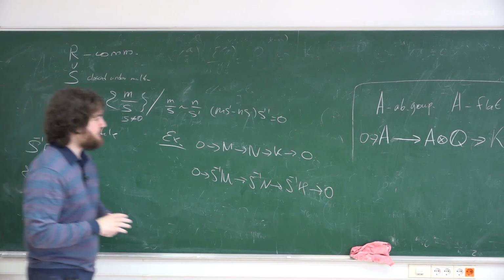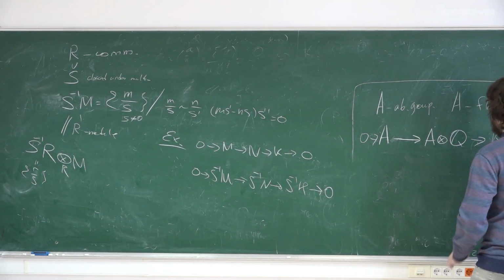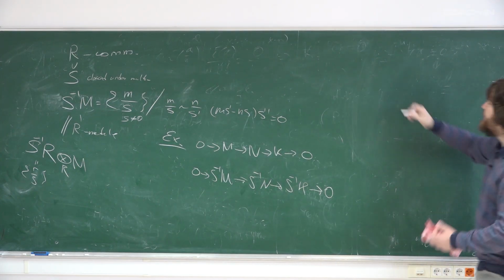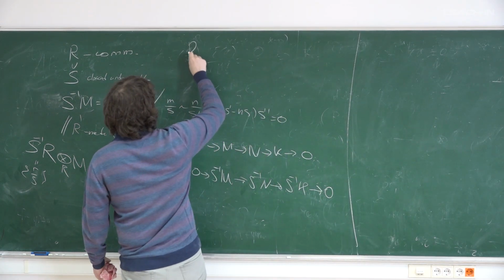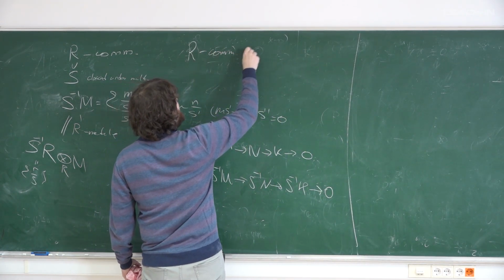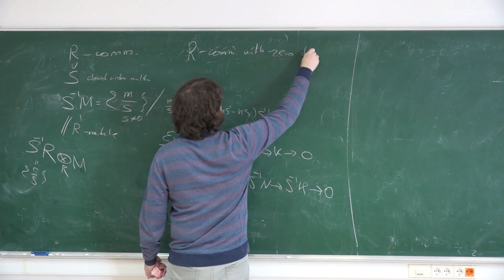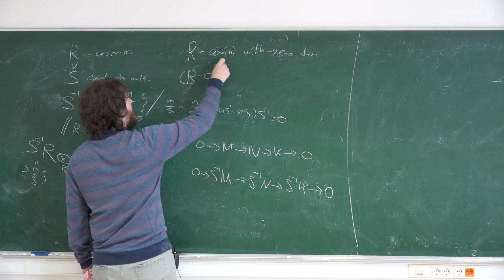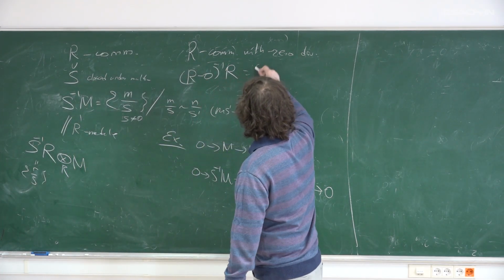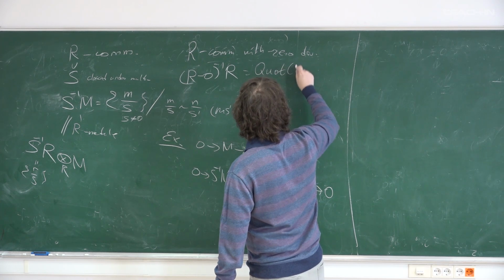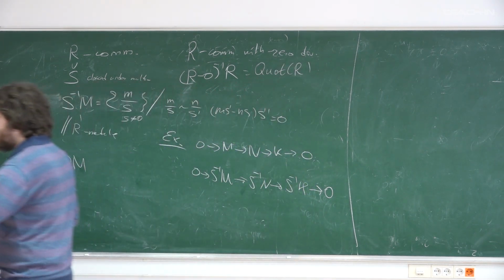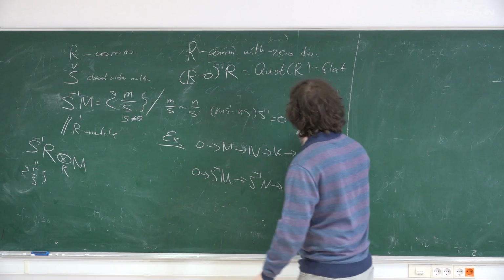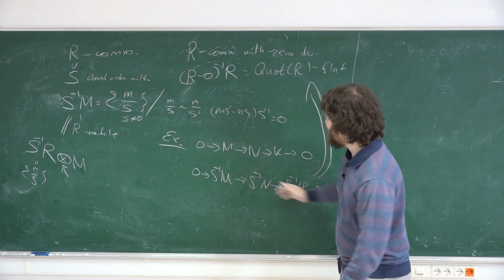In general, localization is always an exact functor. For example, if R is commutative without zero divisors, and you invert all non-zero elements, then it's the so-called quotient field, the field of fractions. This is a corollary of the general fact that localization is exact.